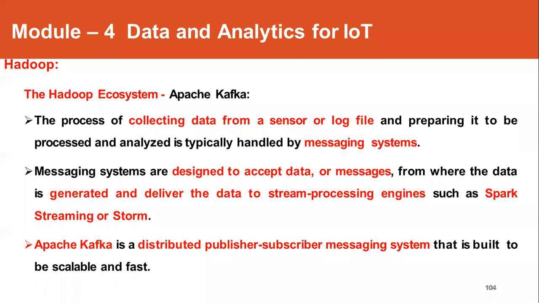Each project under Hadoop is a unique piece of our overall data management solution. For example, we have Apache Kafka, Apache Spark, Apache Storm, Flink, and Lambda architectures. All of these are projects under Hadoop.